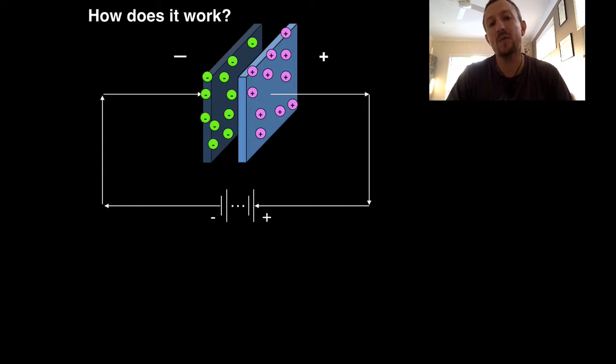Now, if we then remove the power supply and link it to another circuit, the negative charge on the left-hand side will want to fly through and move to the positive plate, or where there's a lack of electrons, due to the repulsive forces. By controlling the speed at which those electrons move, we'll control how quickly that energy flows.